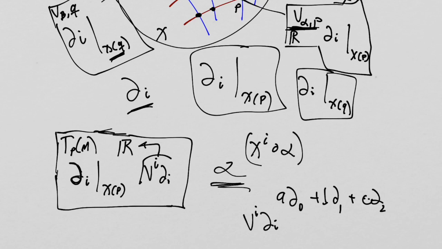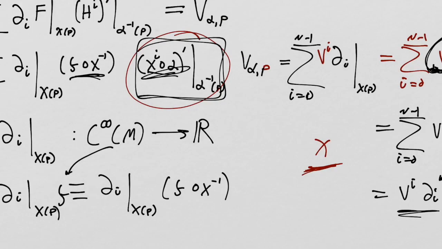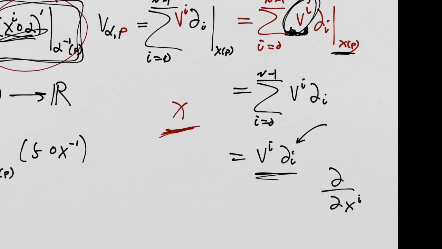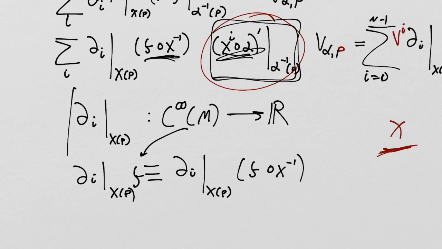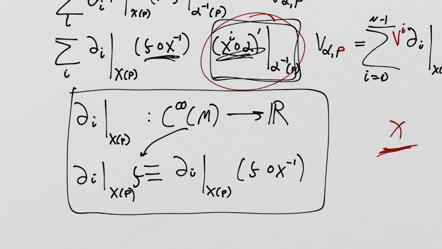But we know that all these vector components are real numbers. All of the basis vectors are these operators that we defined very specifically right here, right? That's the definition of the way these operators work.